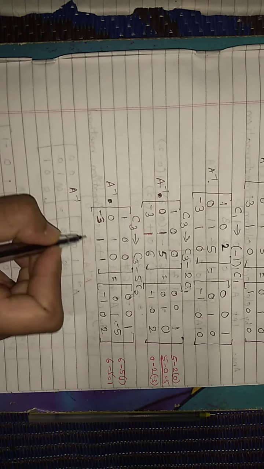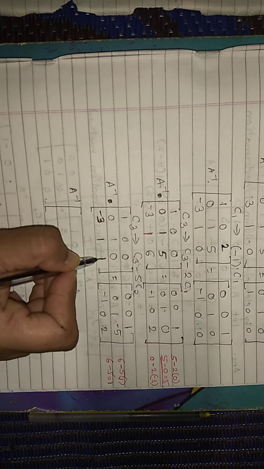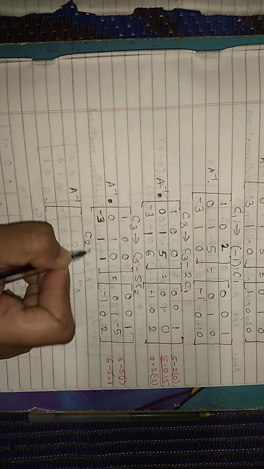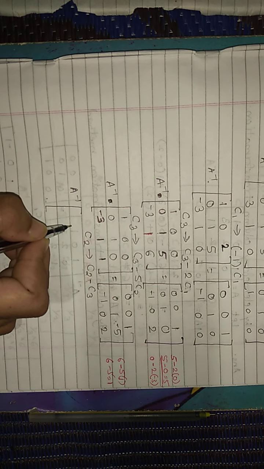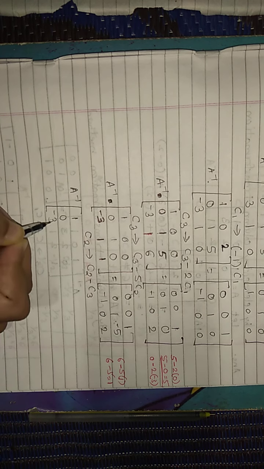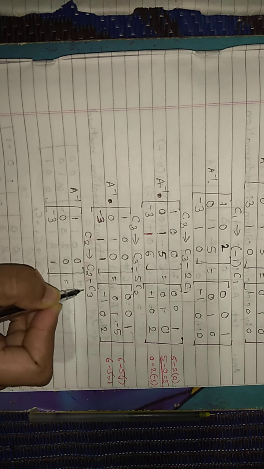So A inverse, here we apply the transformation 1 minus 1. If we write 1 minus 1, it becomes a 0. So C2 changes as C2 minus C3. It gives the answer 1 0 minus 3 as it is, 0 0 1 as it is.